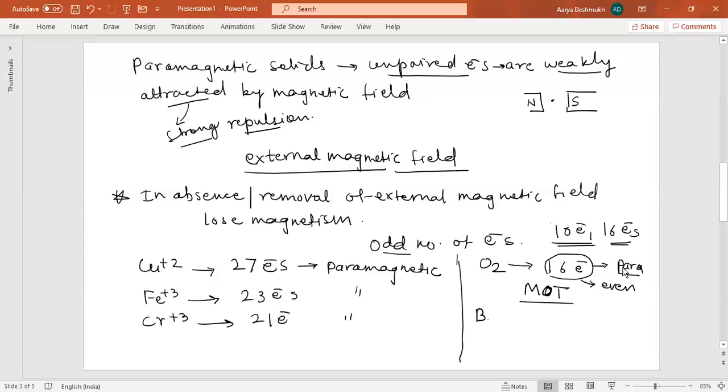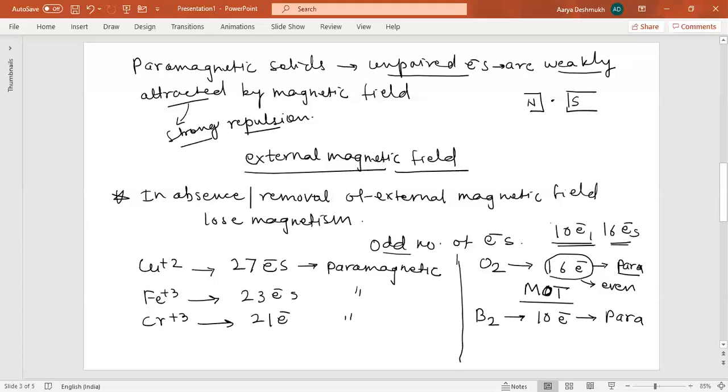Another example like B2, where boron is atomic number 5, 5 plus 5 equals 10 electrons, and even though it is showing an even total number of electrons, still it is paramagnetic one. Okay, so these are few exceptions.